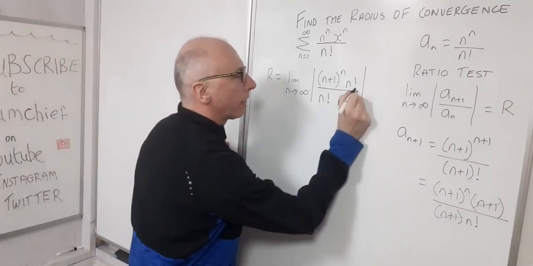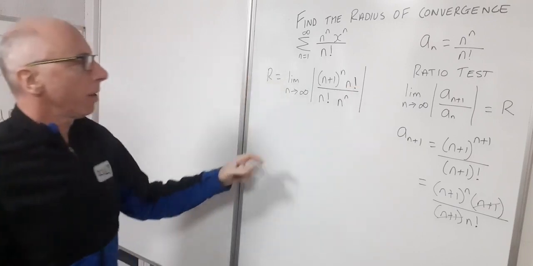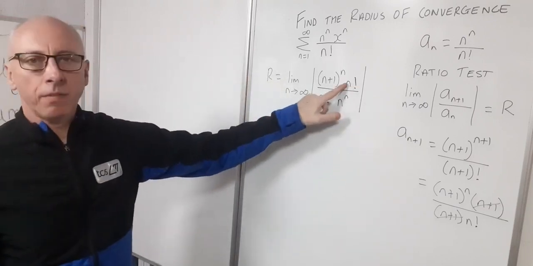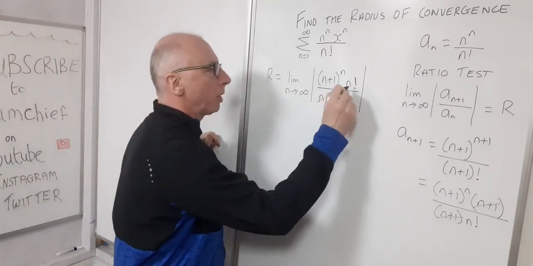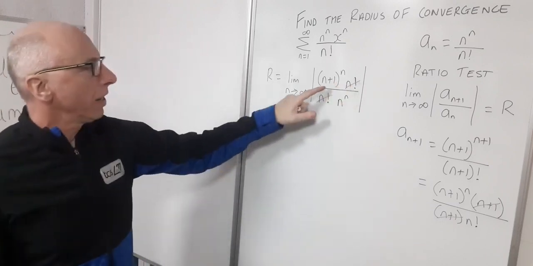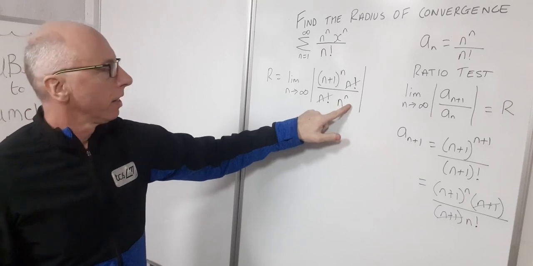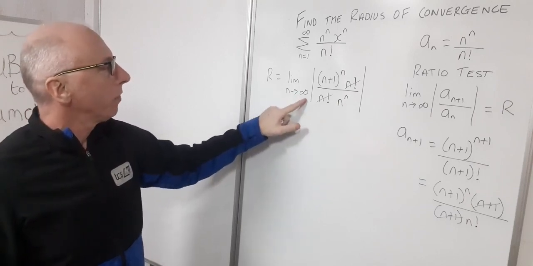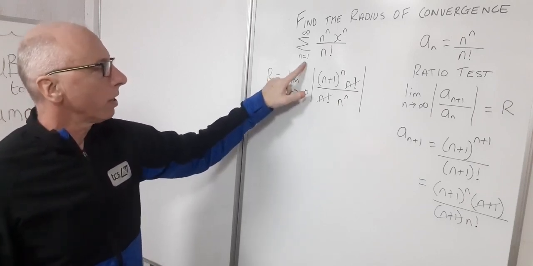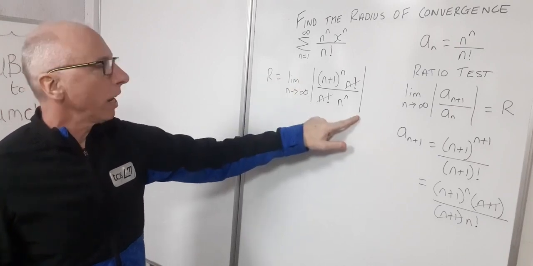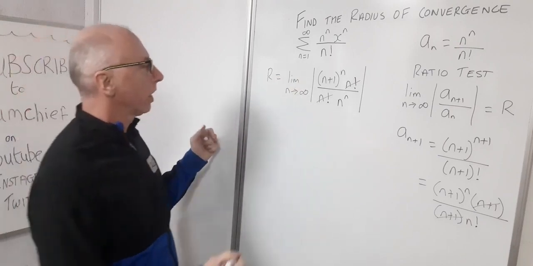Okay, so the n factorials can both cancel off. And now we're left with n plus 1 to the n divided by n to the n. Now, as n approaches infinity and n is always positive, we can lose the absolute value in the next line of working.